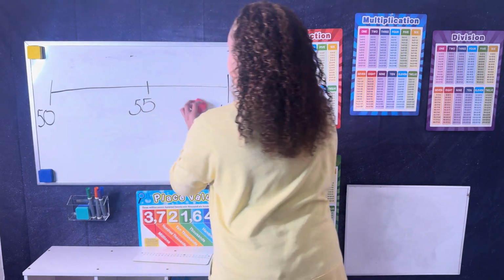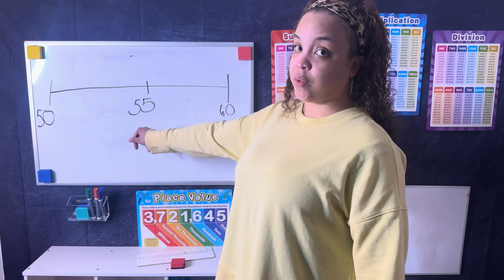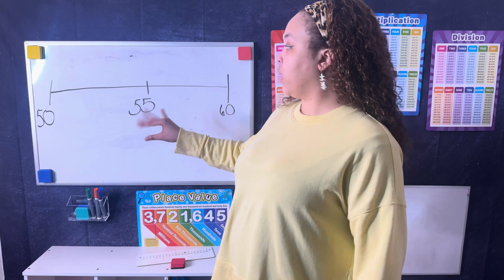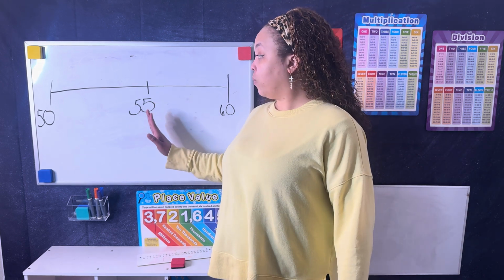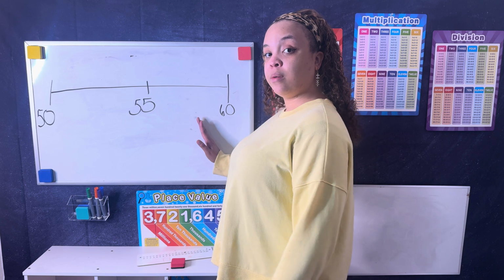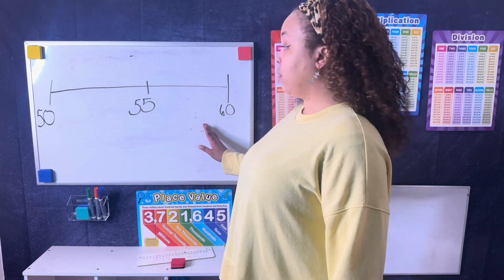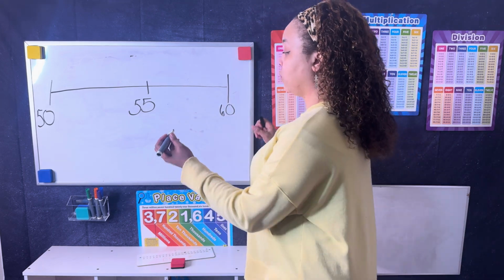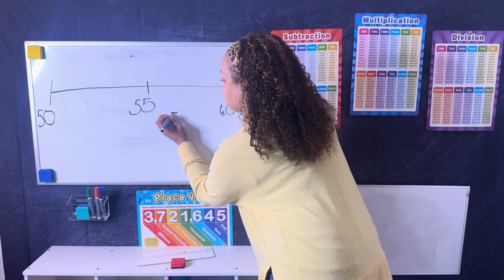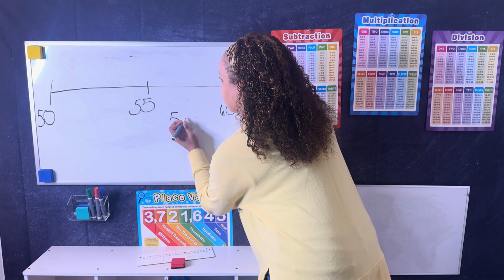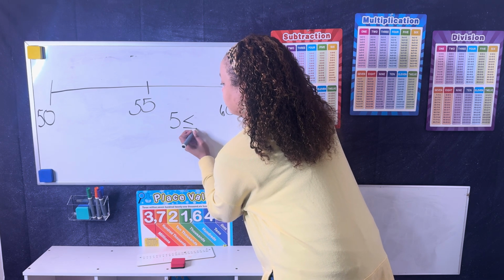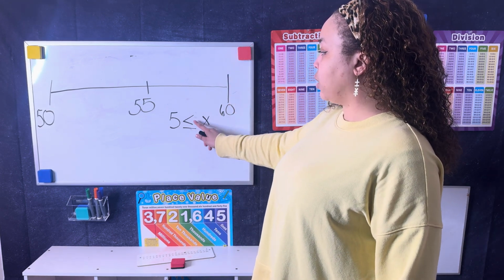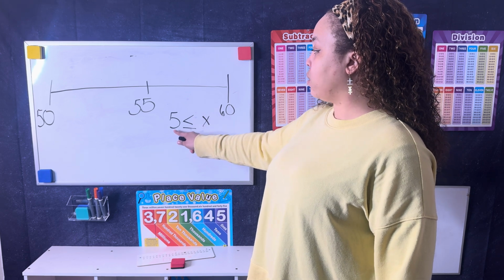Now, what would happen, let's say, if they told you to pick 55? How do you round that? Because it's smack dead in the middle. When it comes to number lines, if it's 5 and up, you round up. If it's below 5, so whatever number you have has to be greater than or equal to 5.